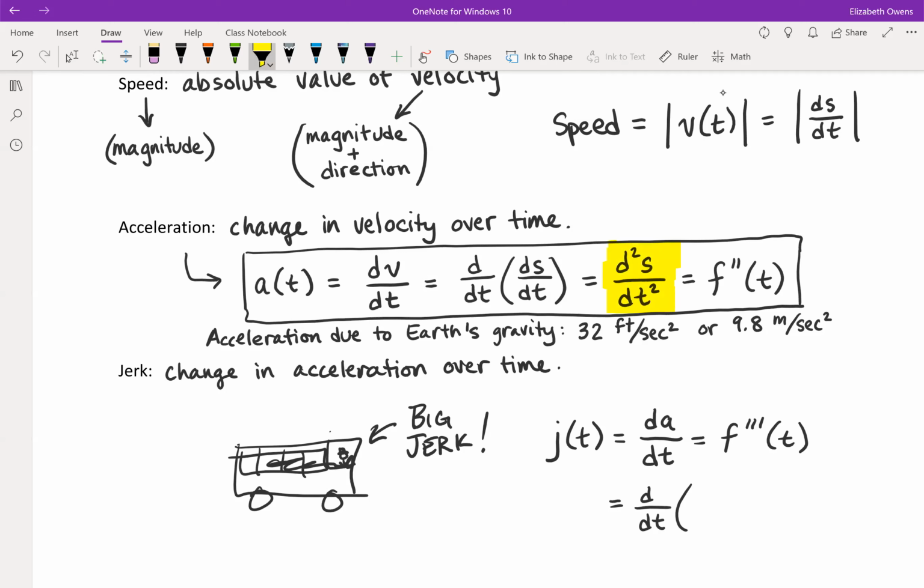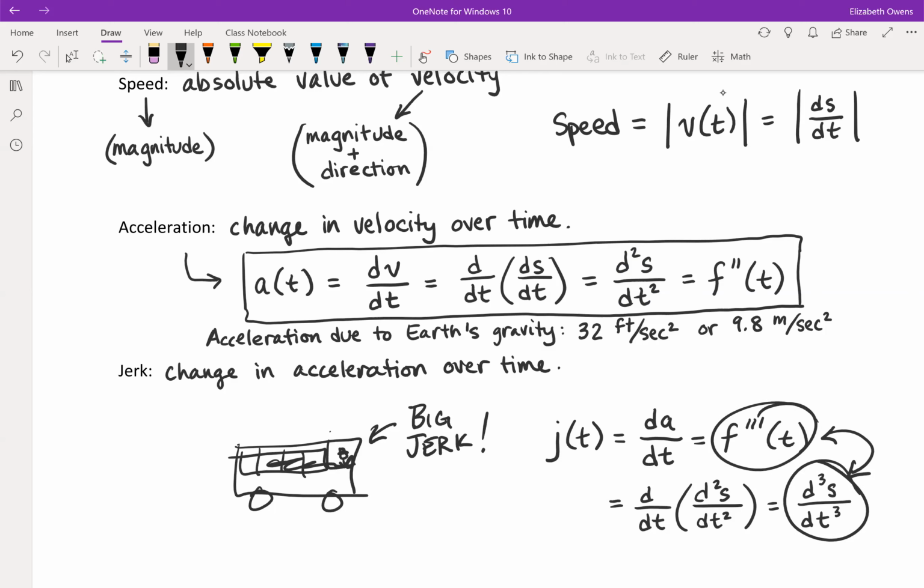Let's do this one to relate back to position here. So the derivative with respect to t of d squared s over dt squared, which in Leibniz notation would look like d cubed s over dt cubed. Both of those mean exactly the same thing. Remember, one's just Newton, the other is Leibniz.